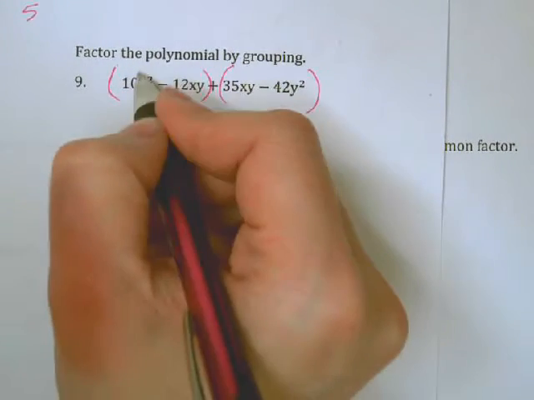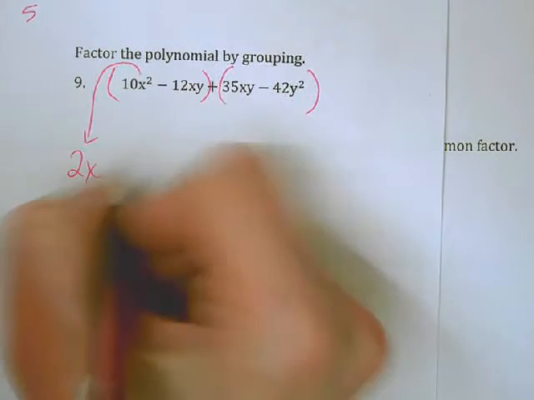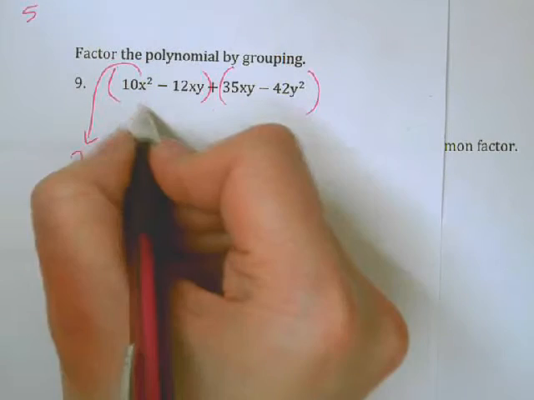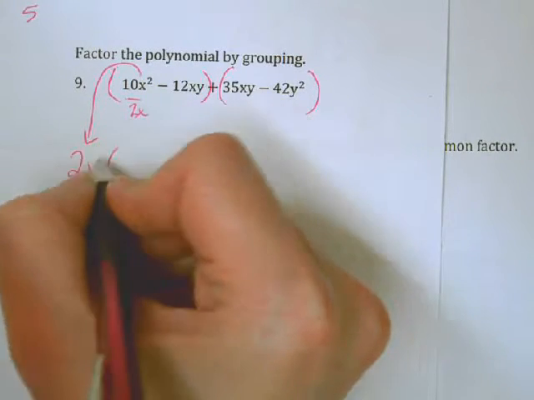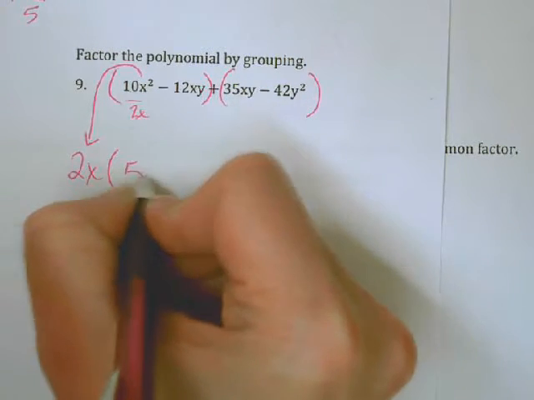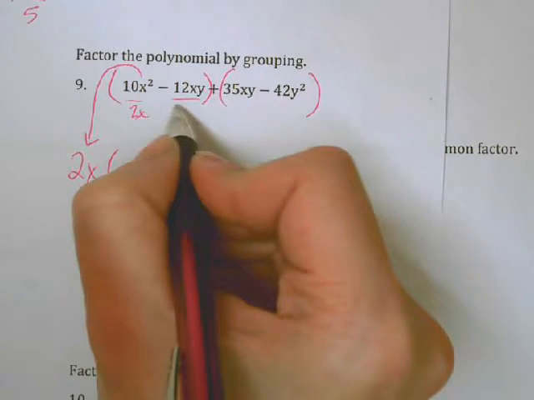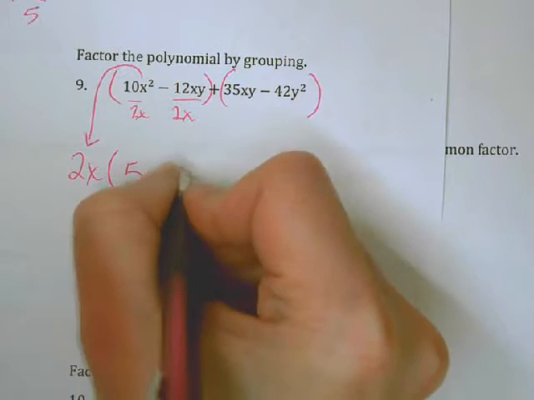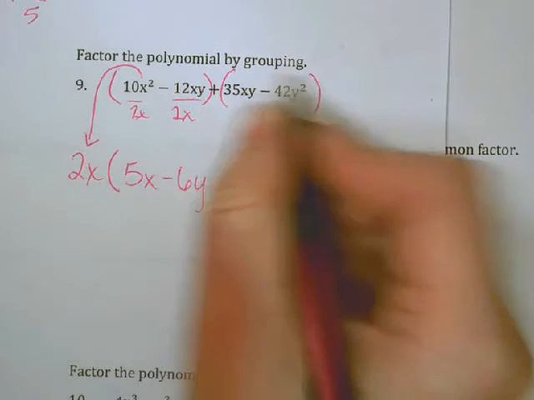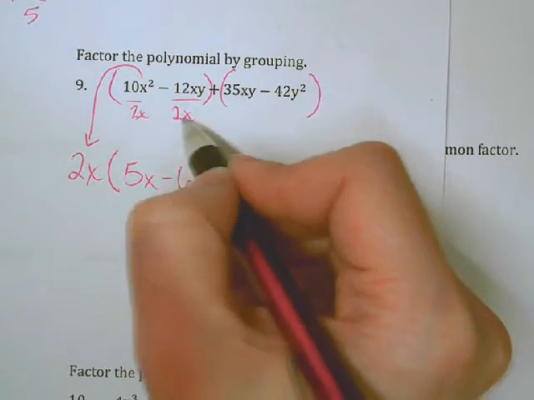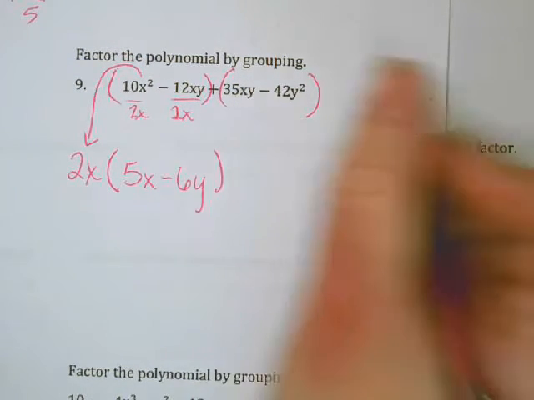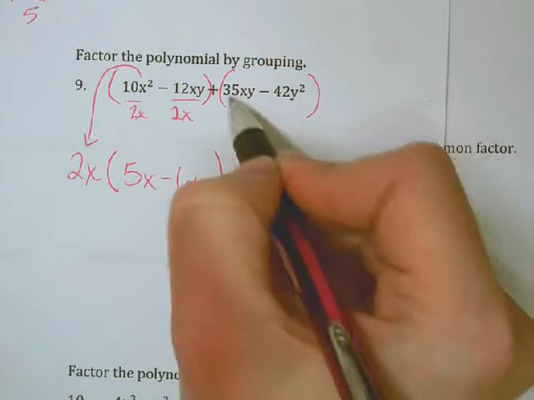So I'm going to take that 2x out of there. 10x squared divided by 2x, so that's where that is going, is 5x. Negative 12 divided by 2x is negative 6y. Sorry, negative 12xy, I should say. So that's one part. Bring down my plus sign.